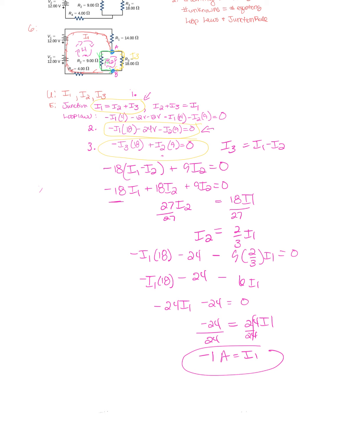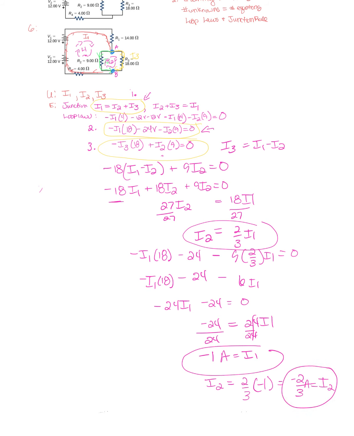Well, now that we have that, we know that, where do we find it? Up here, that I2 is 2/3 of I1, so we can say I2 equals 2/3 of negative 1, which is going to be negative 2/3 amps.